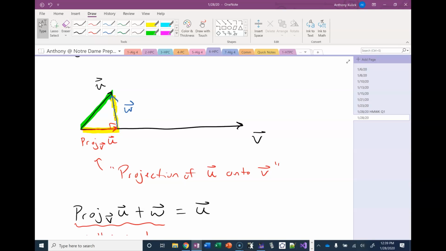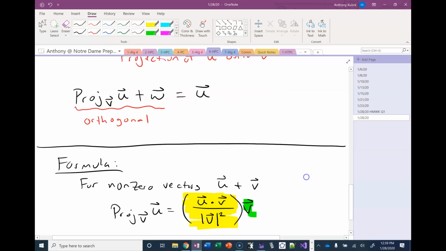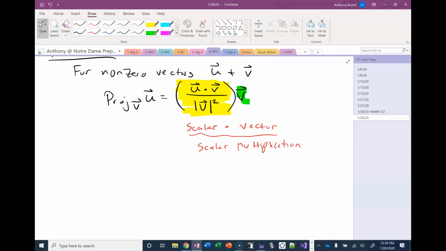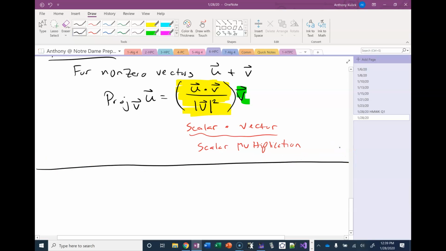We just, in the picture, have shrunk vector v down to a new length, right? That's what happens when we do scalar multiplication. The vector either stretches or shrinks, but the direction remains the same. So this projection is just a form of scalar multiplication. Let's do a numeric example to kind of practice doing this.